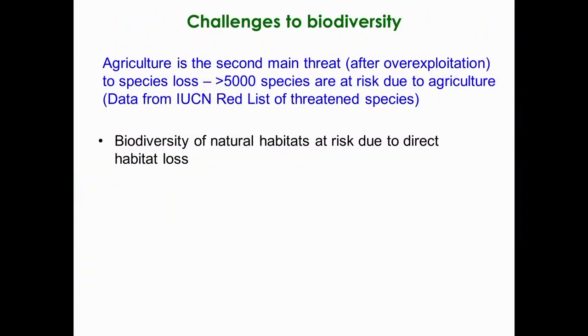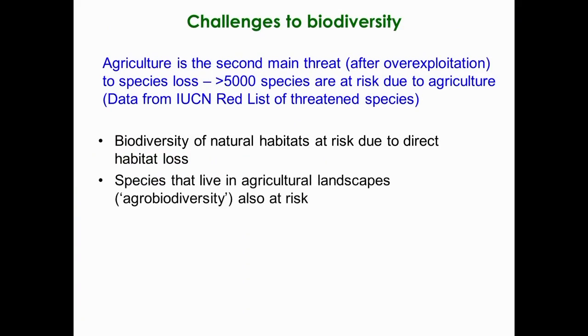So much so that the International Union for Conservation of Nature have estimated that more than 5,000 species are at risk through agricultural activities. And this is both through direct loss of these natural habitats, but also due to the challenges to the species that live within the agricultural land themselves.